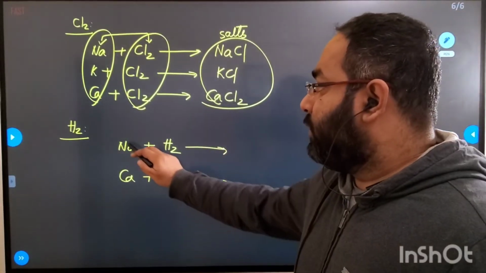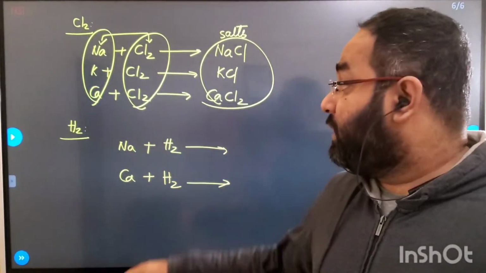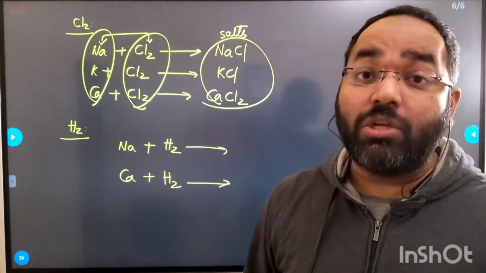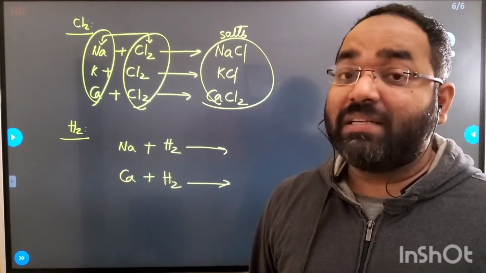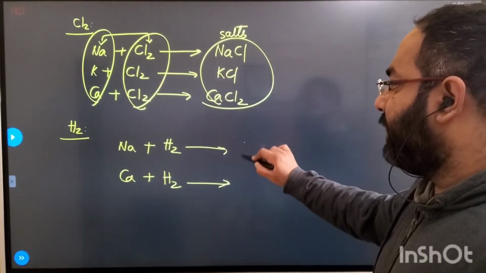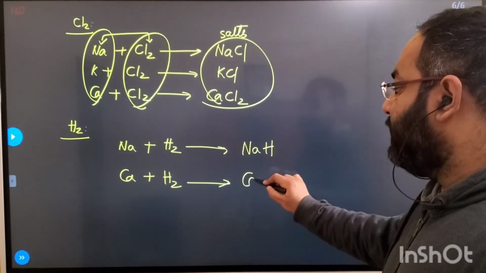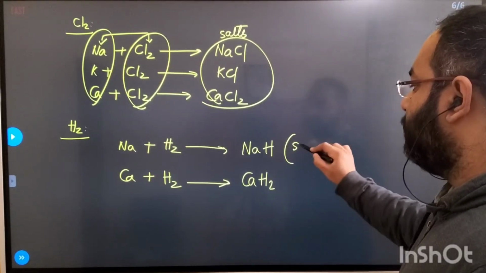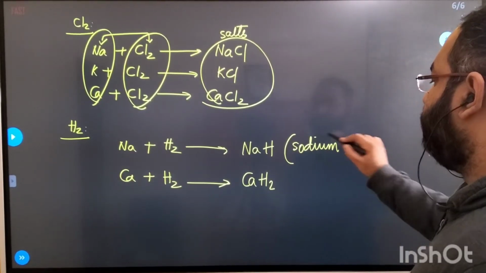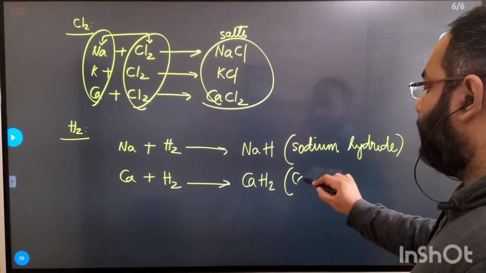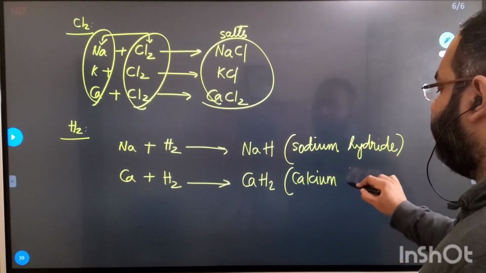In this case, sodium and calcium being more metallic than hydrogen makes hydrogen act as a non-metal. And since it acts as a non-metal, sodium with hydrogen will give you sodium hydride, and calcium with hydrogen is going to give calcium hydride.